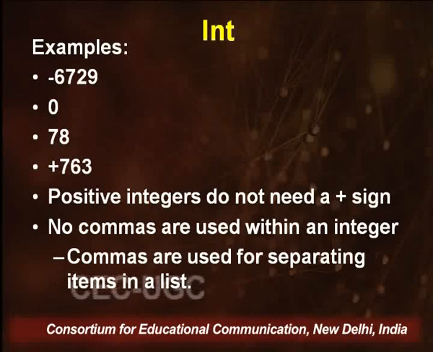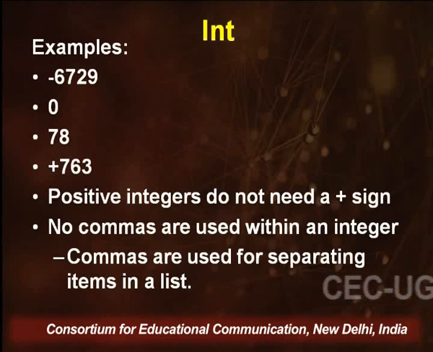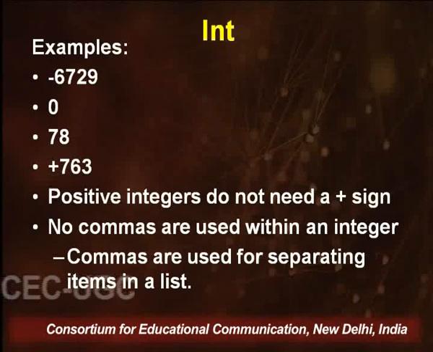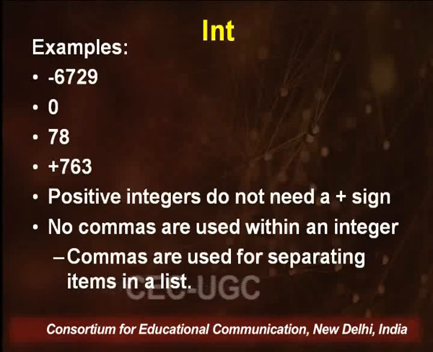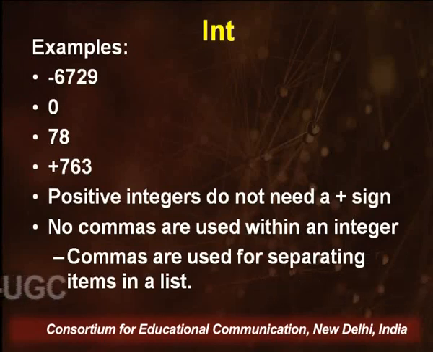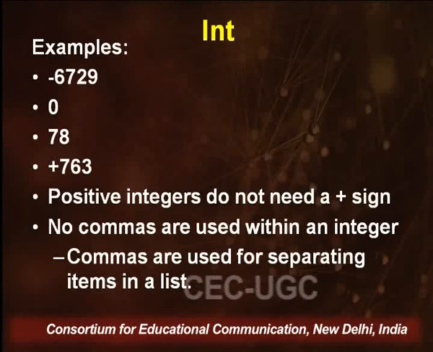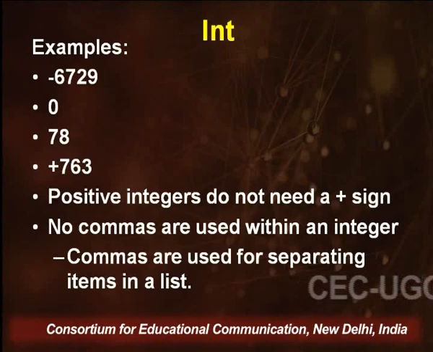Commas are to be used for separating items in a list, not the numbers in an integer. So int is that data type. It is going to take 2 bytes, and it has a specific range of minus 32,768 to 32,767. So it is going to take values in that particular range only.